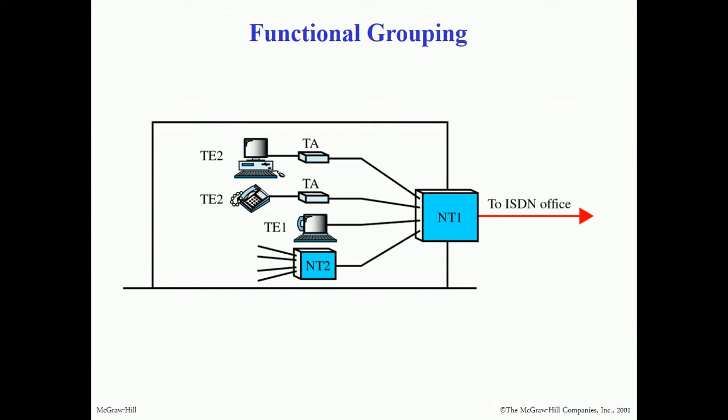To connect to the internet, our equipment should include, as shown here, TE. TE2 is hardware that is not compatible with the ISDN, such as telephones, computers, videos and fax machines. TE2 equipment is connected over an R interface to the terminal adapter, which makes the incoming signals ISDN compatible.